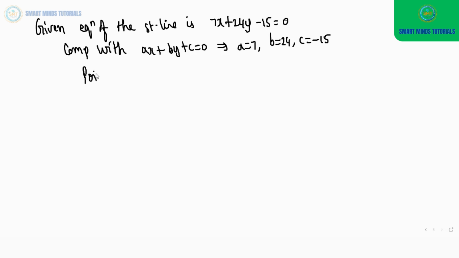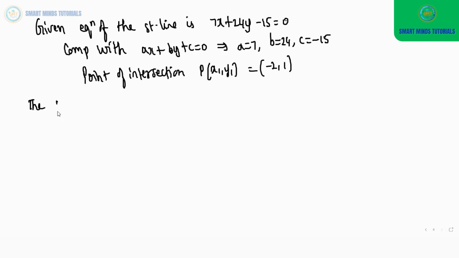And the point of intersection we already got. Point of intersection P, (x1, y1) is (minus 2, 1). Now you can see the perpendicular distance.